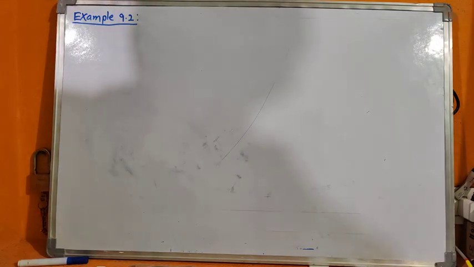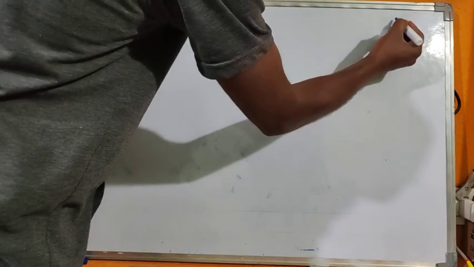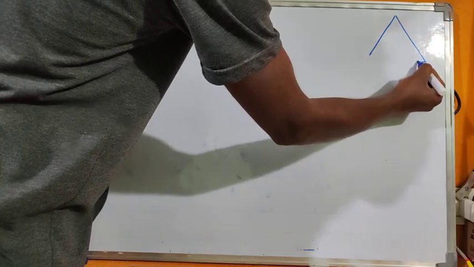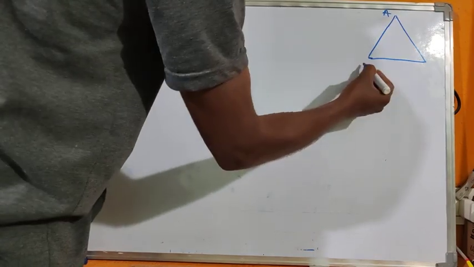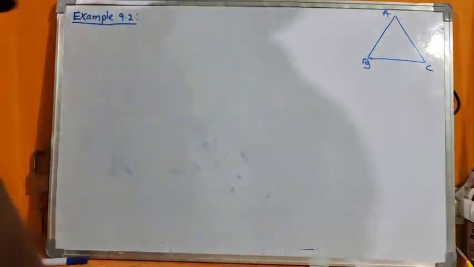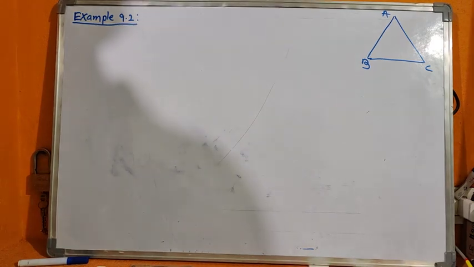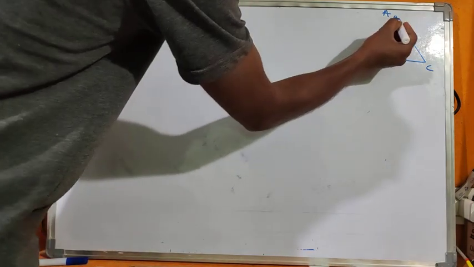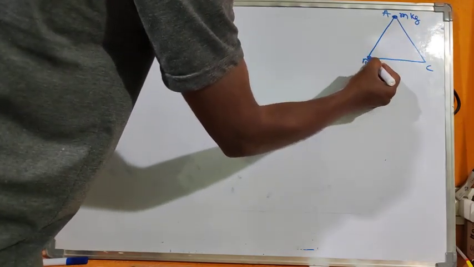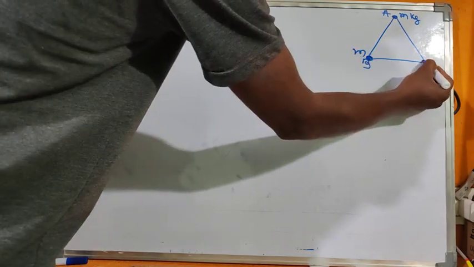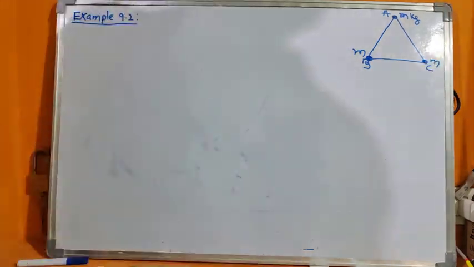So first we have to take the equilateral triangle. So this is our equilateral triangle, with vertex A, vertex B and vertex C. Then at all the vertices we are keeping masses of m kg, which are all the same, equal to m.